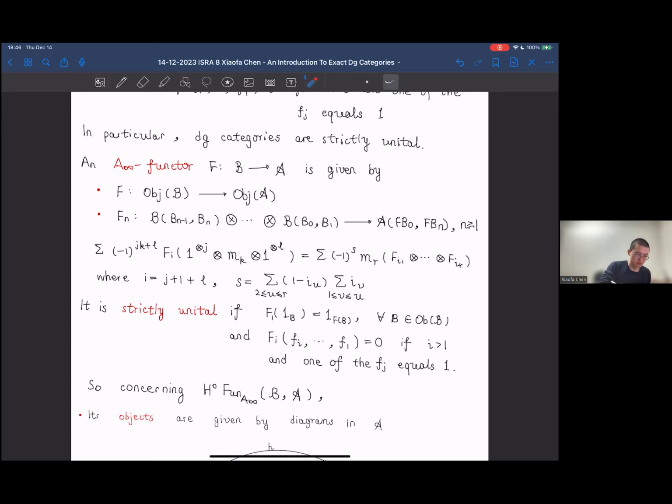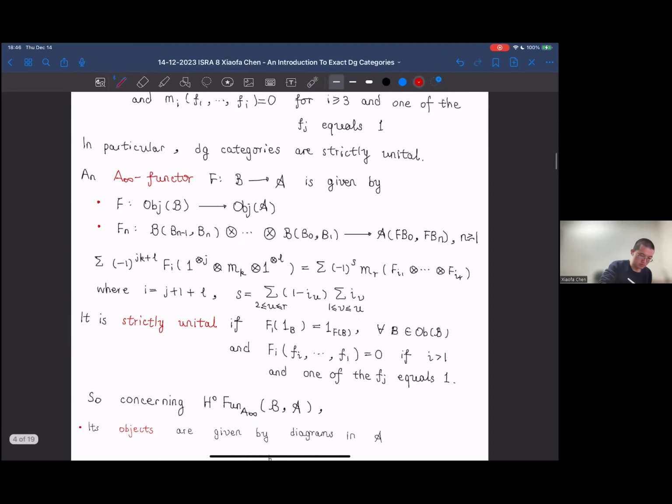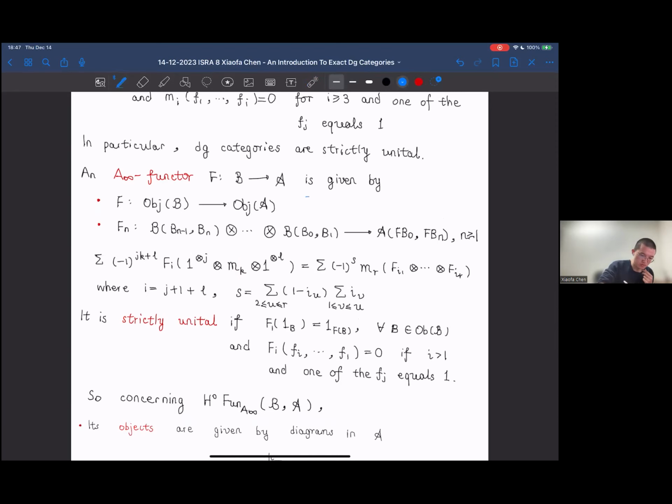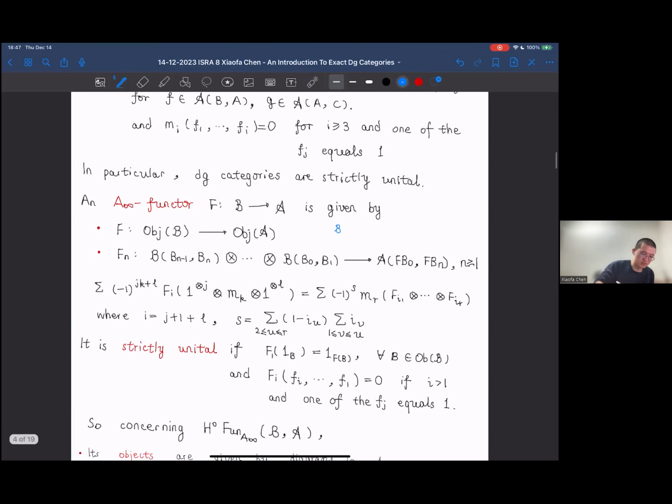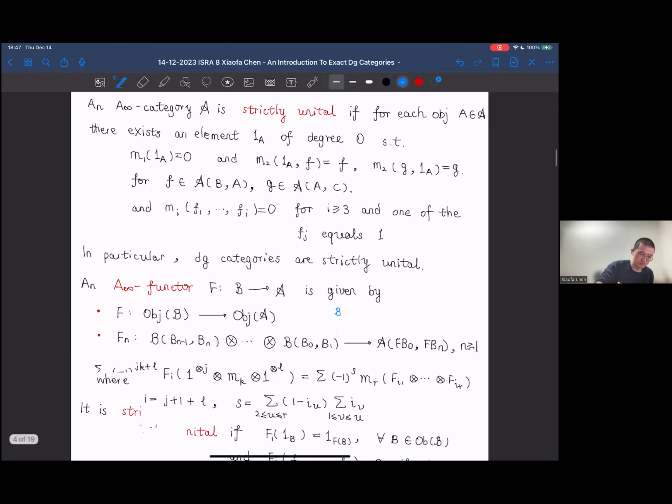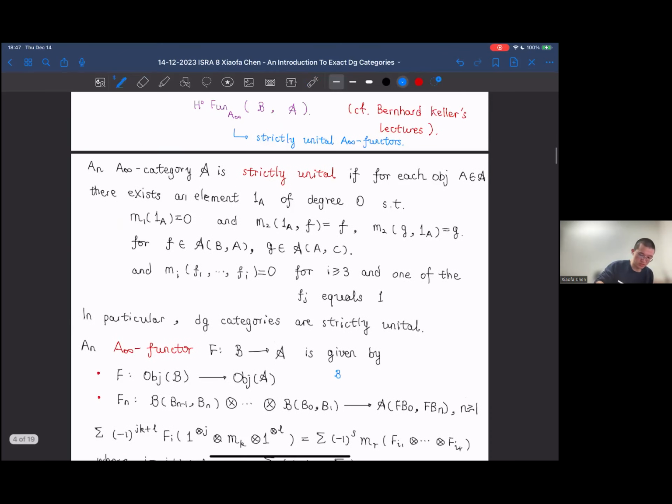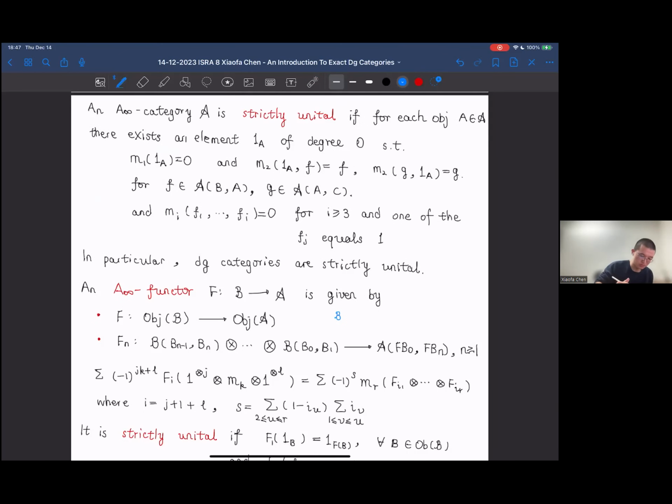Let me write it. We have F2 on the sequence of objects B0, B1, and B2, which is 0, 1 and 2.